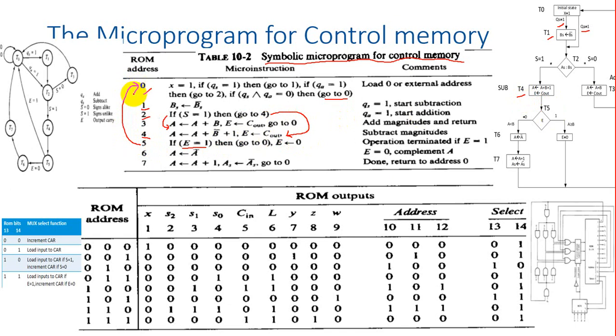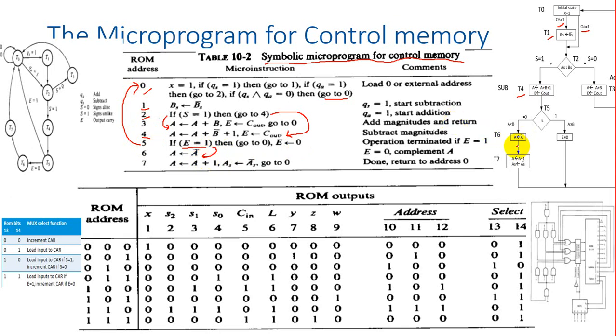The condition is true. But if E is not 1, we will not go to T0. If the condition is not true, then we will come to over here, T6.